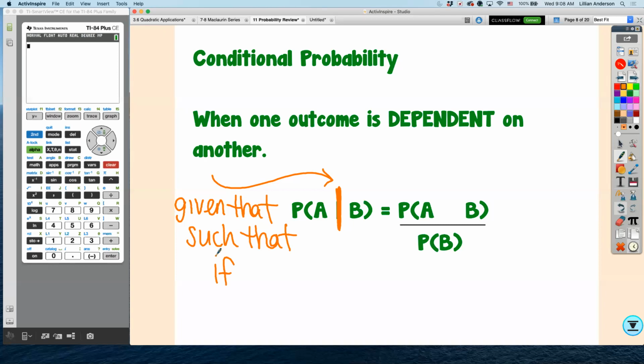We're only looking at this class and not the whole school. All right, the formula is the intersection between A and B divided by the probability of it coming strictly from B. B is the condition. And so whatever situation follows those words, given that, such that, if, that is the back part of the formula, that is the denominator of the formula.